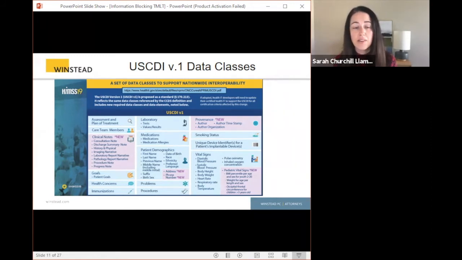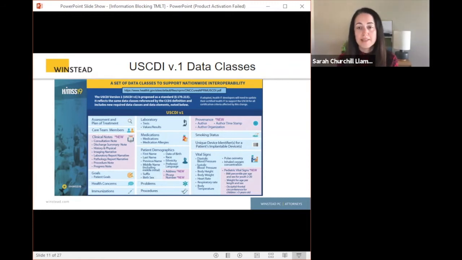They have added the data elements in pink. So this is what you're going to have to be able to provide. I think it's interesting that they added the clinical notes section to this. So this is what you're going to have to be able to send. EHR companies are definitely working hard to make sure that they can do this.